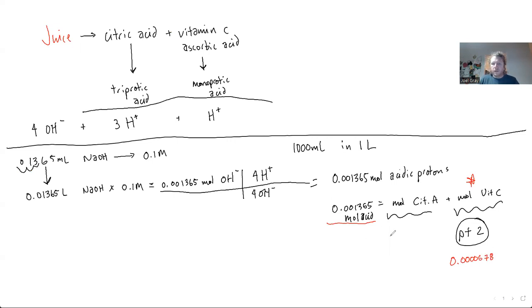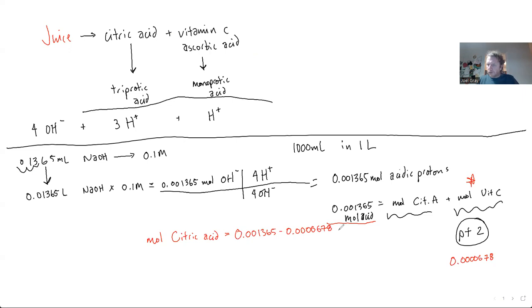We just solved for the moles of vitamin C, and that number was 0.0000678. And so I can do a little bit of algebra to rearrange this and say moles of citric acid is equal to 0.001365 minus 0.0000678.